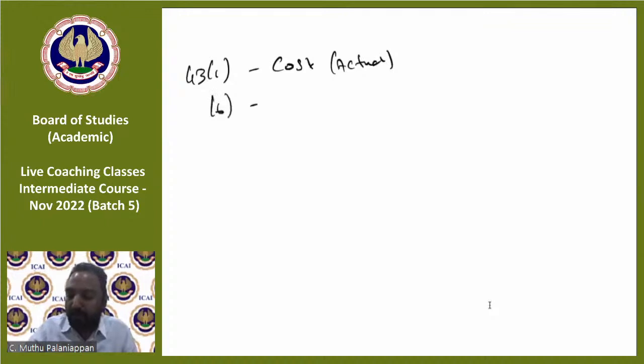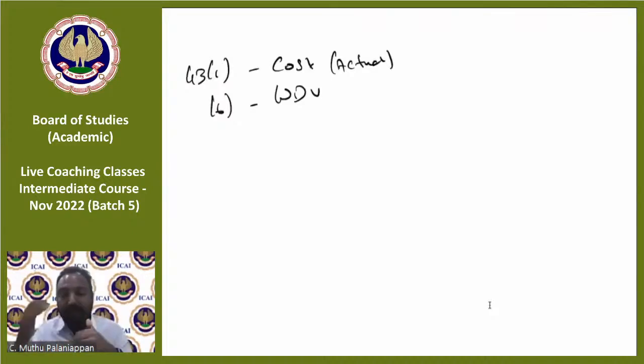Then we discussed 43.6, which was WDV, your written down value. What is the written down value of a particular asset? We saw various scenarios and how it has to be computed, when it will be nil and what will happen when it is carried over from another owner. That is 43.6, which discusses WDV.